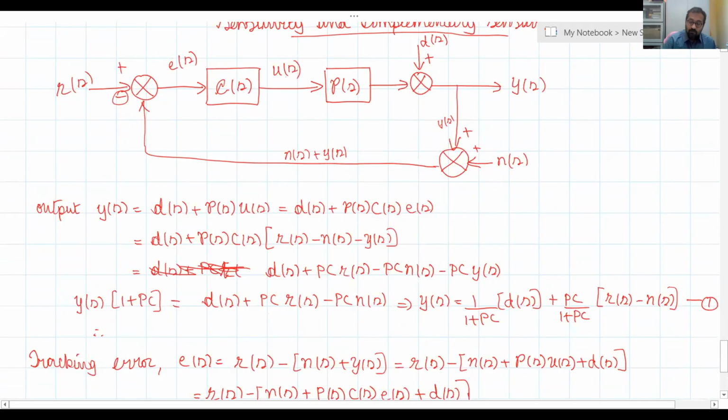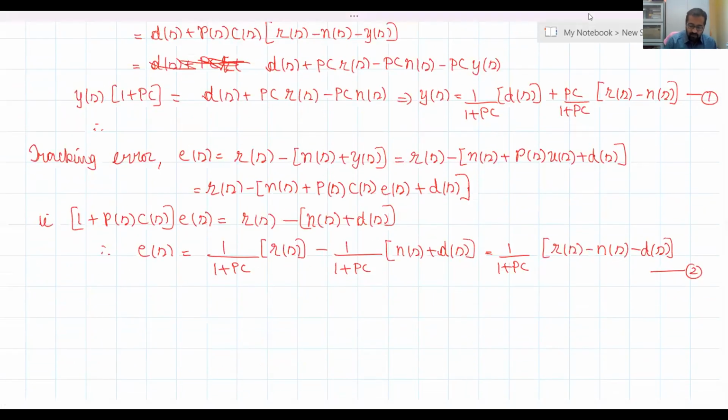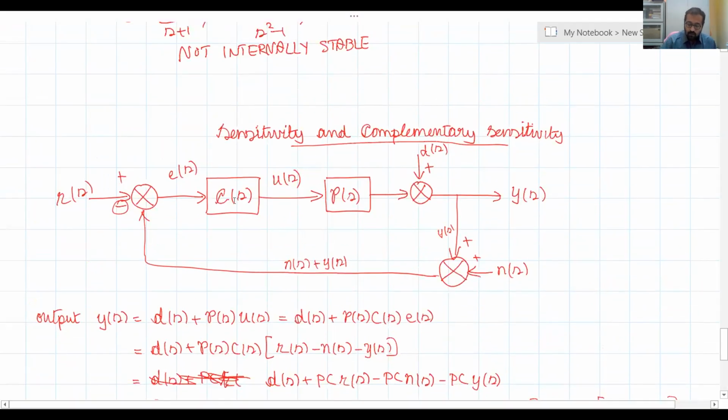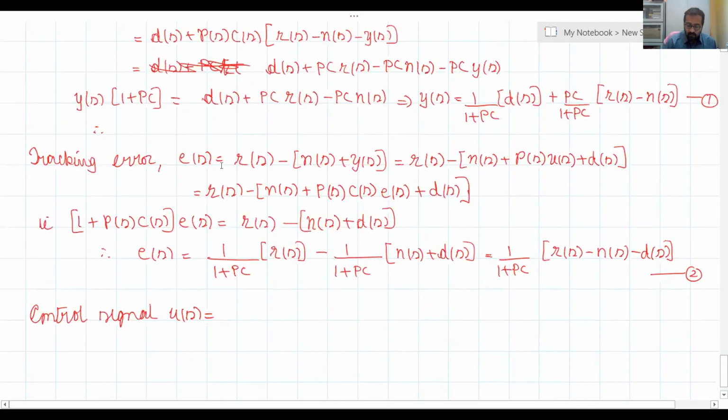Now, what will be the control signal U of S? Tell me from the block diagram, what is U of S? C of S into E of S. And what is E of S?